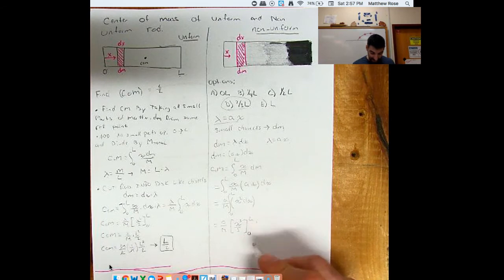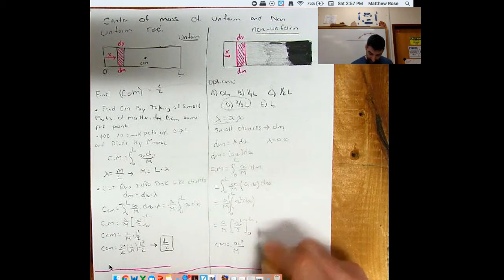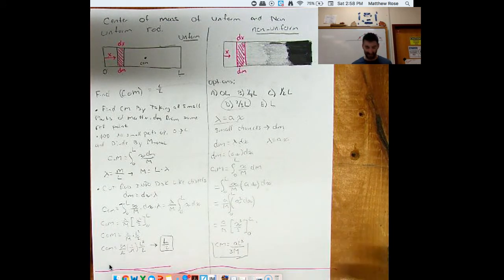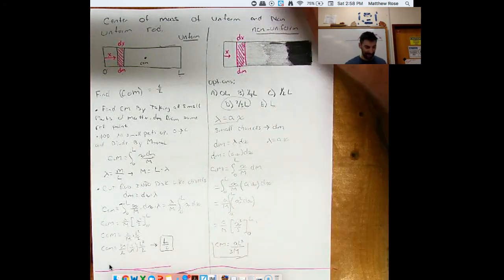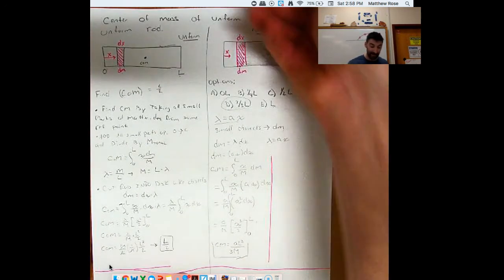So that means my center of mass right now of my non-uniform object should be something like aL cubed over 3m. So that is my center of mass, but it is still a function of length. So I don't know where it is, right? So what do I do with that?